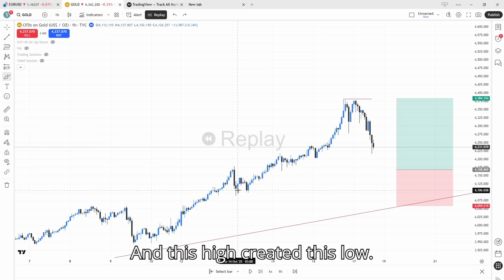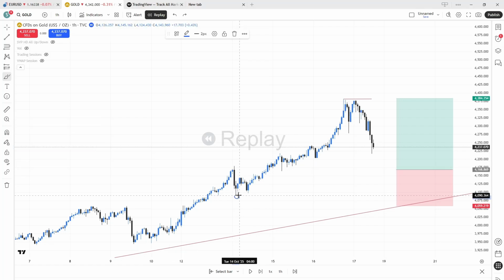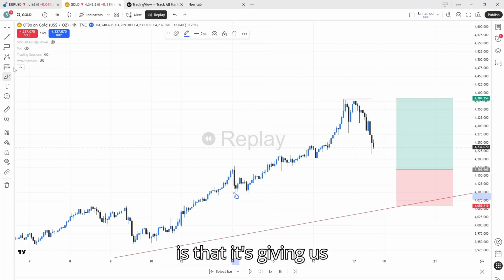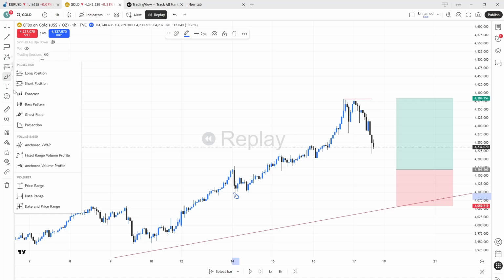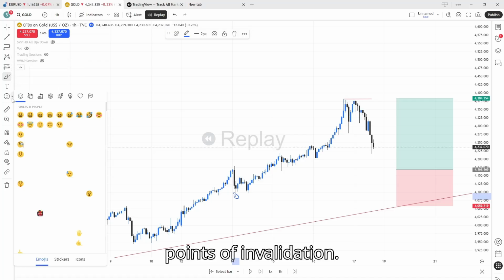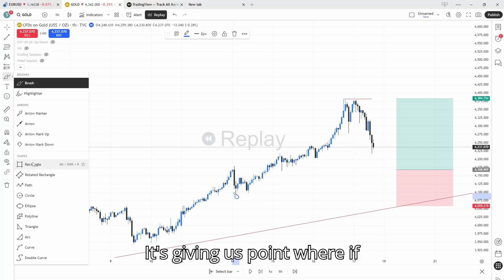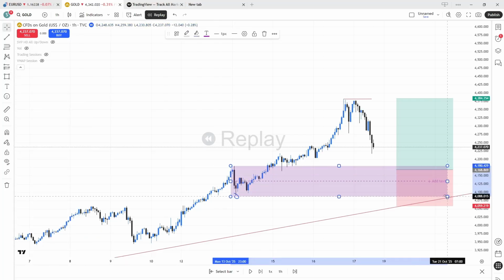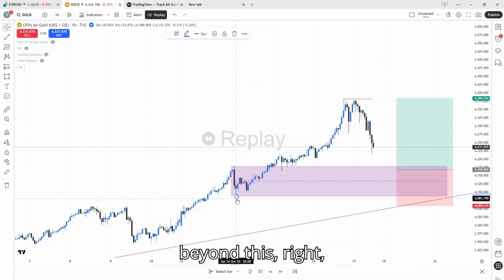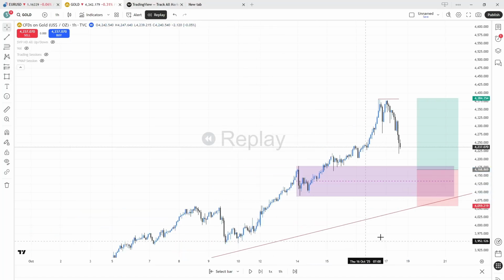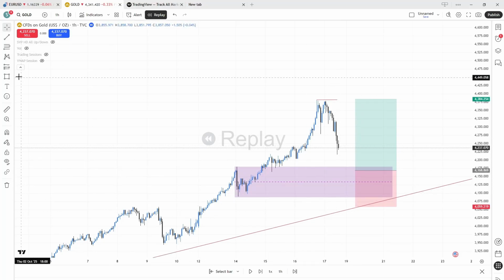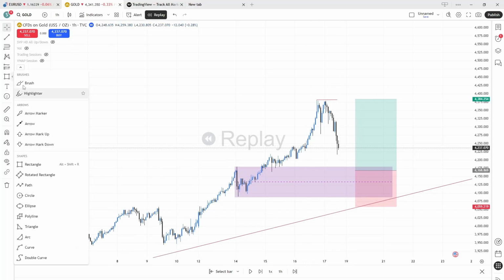And this high created this low, right? The significance of it is that it's giving us points of invalidation. It's giving us a point where if price goes beyond this, right, we will potentially have a reversal.